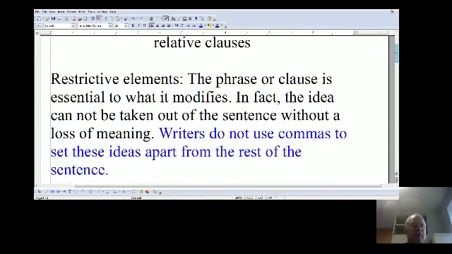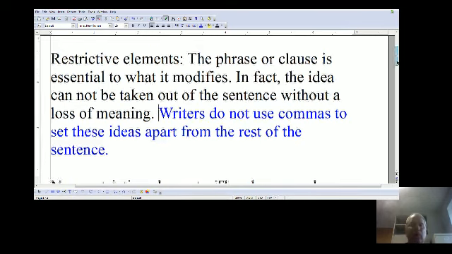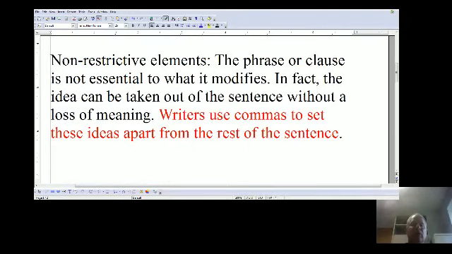So then in the beginning, if we look at the definition, with restrictive elements, writers do not need to use commas to set these ideas apart from the rest of the sentence. With non-restrictive elements, writers use commas to set these ideas apart from the rest of the sentence. And that is how restrictive and non-restrictive elements work.